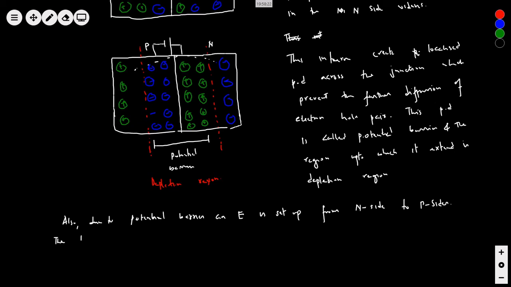The thermally generated electrons do not depend on doping and are minority charge carriers.